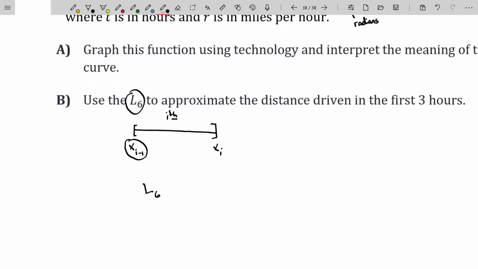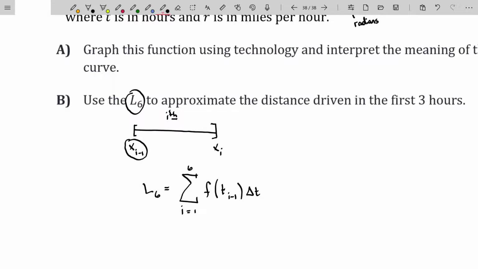And that will dictate how you write the summation. So that'll be the summation i equals 1 to 6 of f at x sub i minus 1 times delta x. And again, as I said earlier, I will mix up those variables very often. Those should have been t's. There we go. This is a function of time.